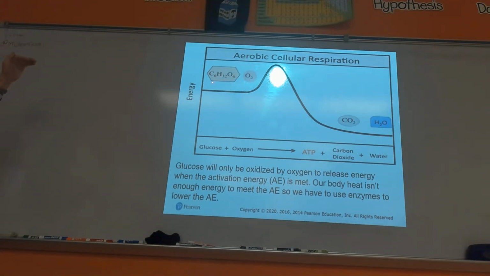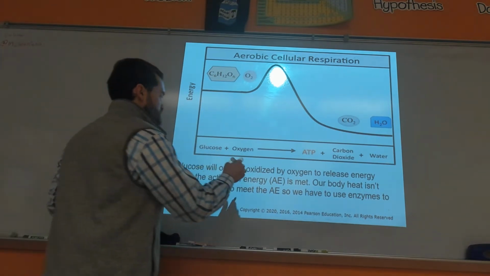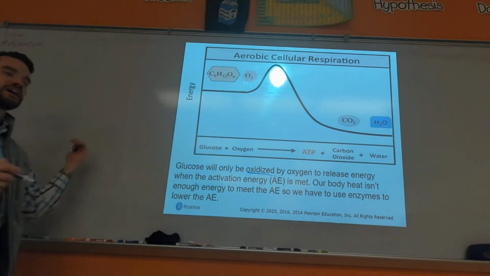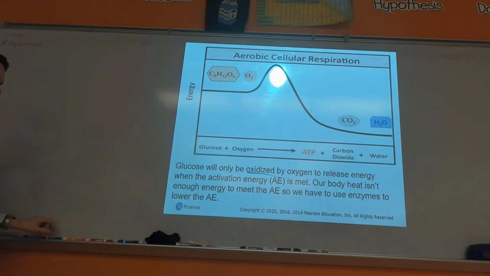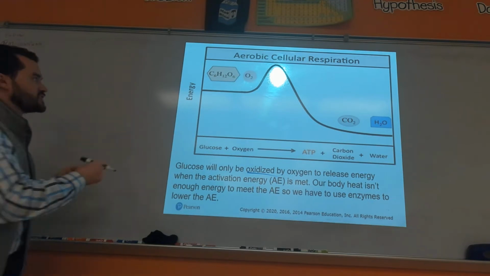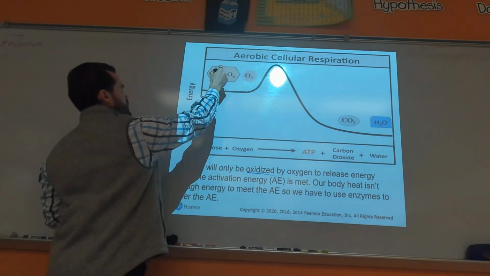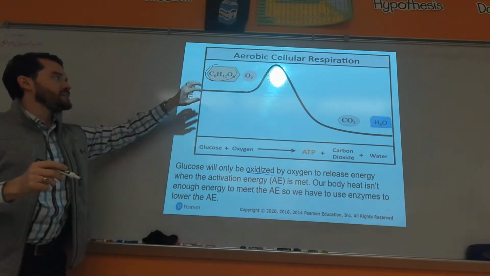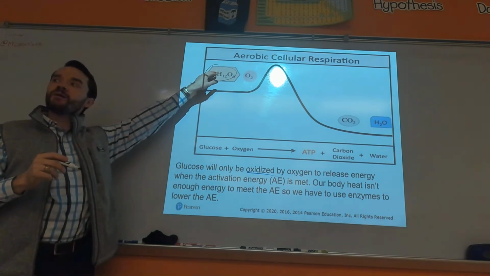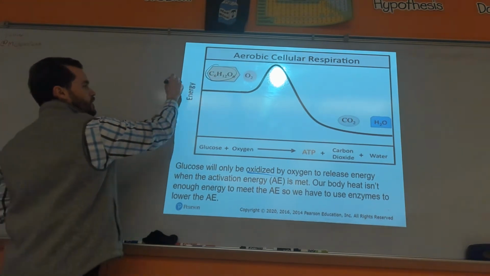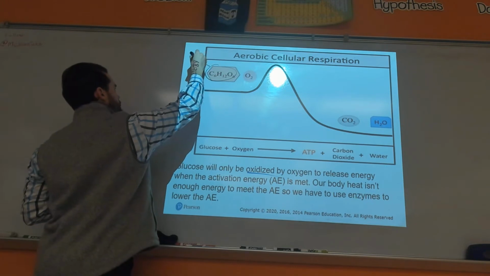And what we're doing in cellular respiration is an oxidation reaction. So glucose gets oxidized. Now, what it means to be oxidized is you're losing electrons. Basically, there are all these electrons in this covalent compound here, and we're going to strip away those electrons from glucose.